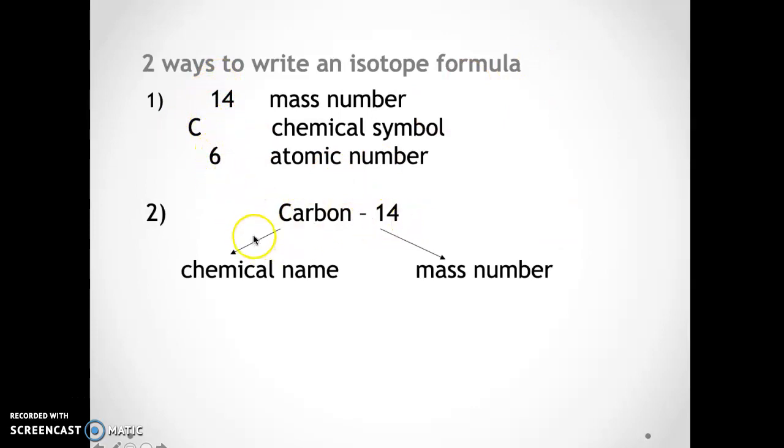The other way to write it is write the chemical name, and then the mass number. And by the way, when you just write carbon-14, everybody knows that all carbon has 6 protons, so you don't really talk about that, and it's not really necessary. This is just a shorter version than maybe this, because here you have to write out the whole name.